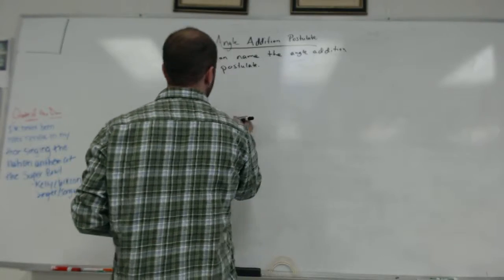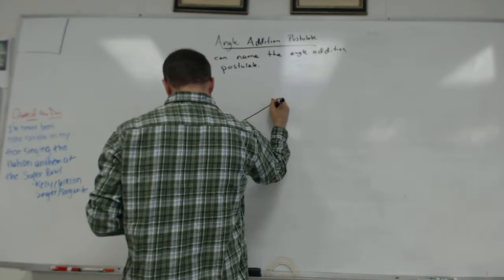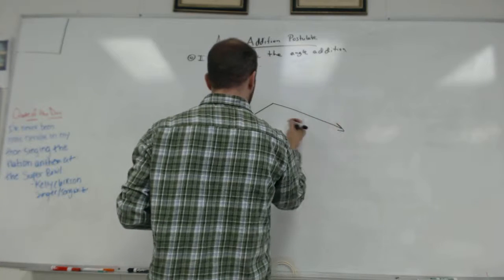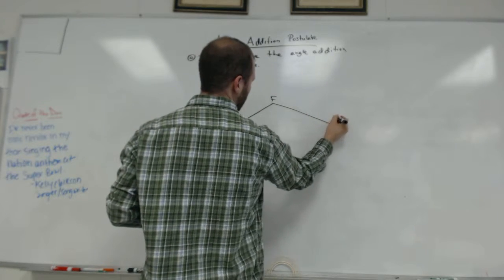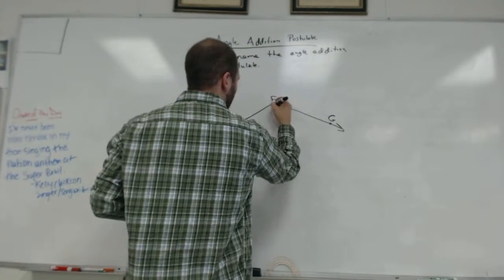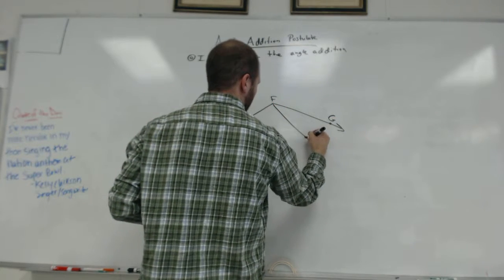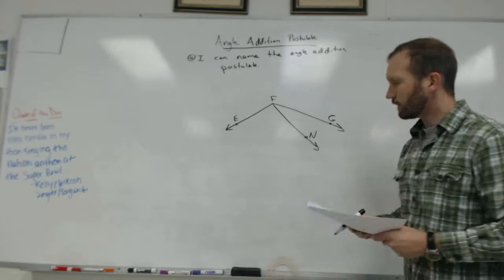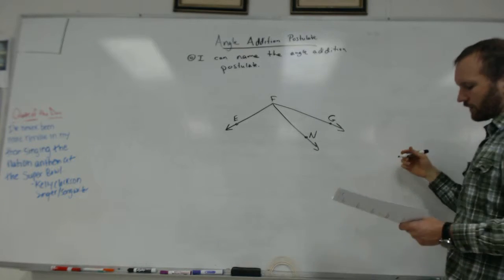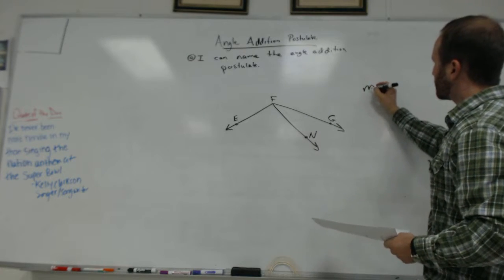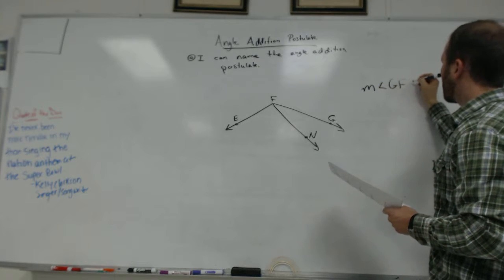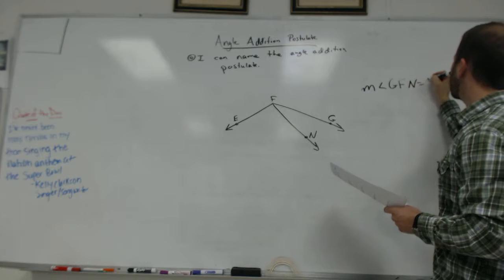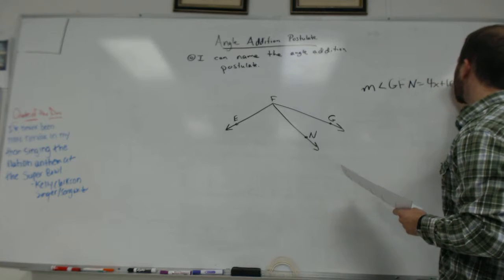So let's say we have something like this. So there's our little diagram. Here are our givens. In geometry, often you hear that word. This is what's given. The measure of angle GFN equals 4x plus 10.